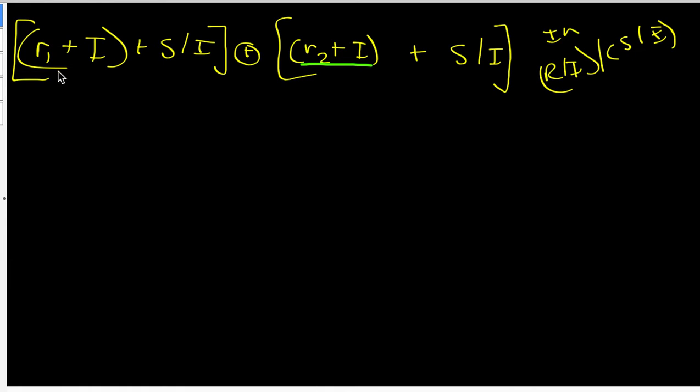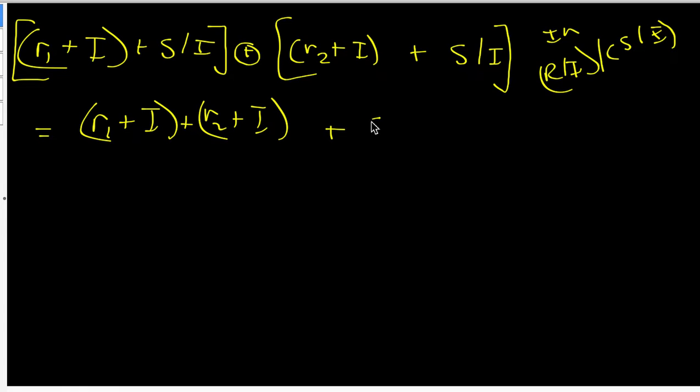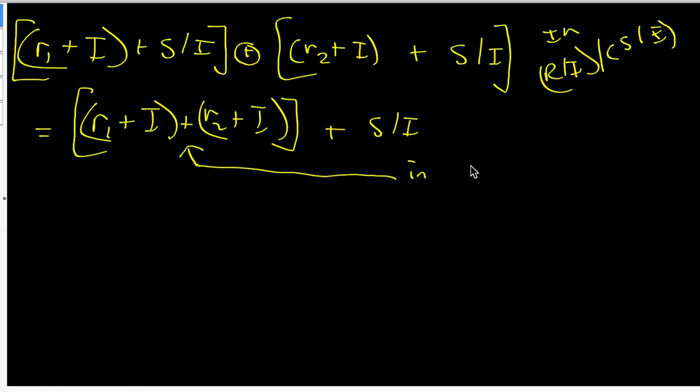So the sum of r1 plus I plus S mod I and r2 plus I plus S mod I is going to be r1 plus I plus r2 plus I plus the ideal S mod I. Now, it's important to realize that this sum is inside the ring R mod I. And I know how to add two cosets in R mod I. I just add their representatives together.